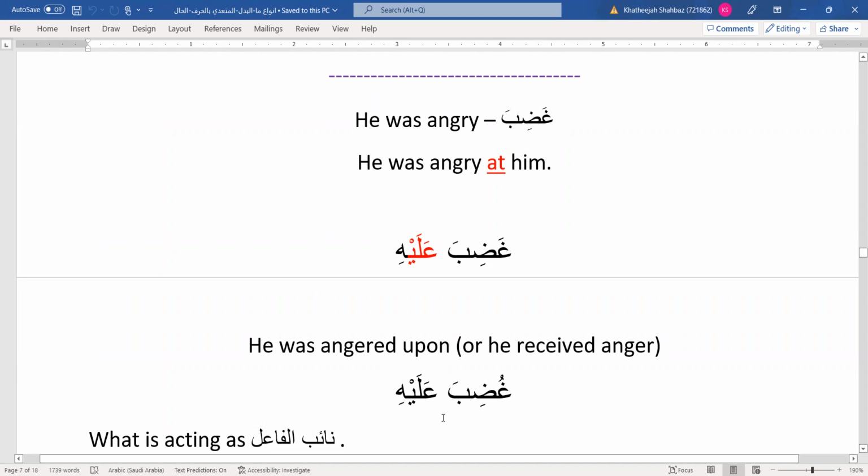So ghadiba alayhi means he was angered upon. Is everyone with me so far? Yes. Okay. Ghadiba alayhi means he was angered upon, and alayhi is acting as naibul fail. All right. Now the question is how to say they were angered upon.